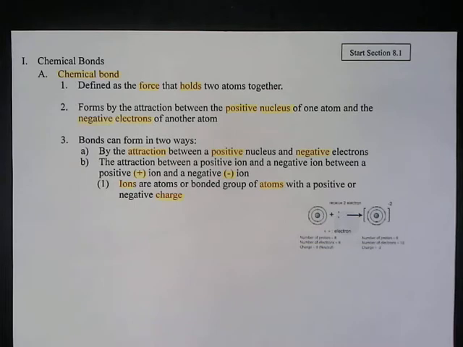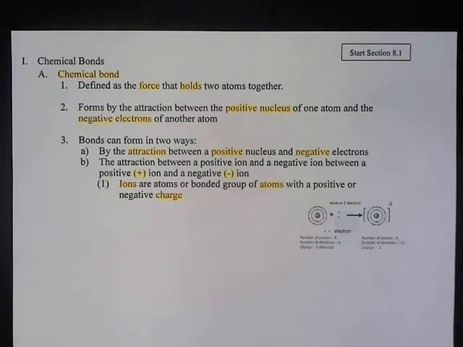When we form chemical bonds, we can do it in two ways. One, we can have this attraction between the positive nucleus and the negative electrons. Or we can form ions, where electrons are exchanged, either gained or lost, and an atom now has a positive or negative charge, and we call that an ion.